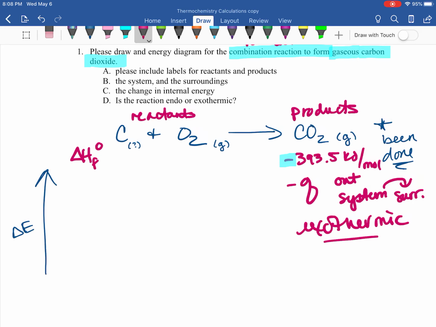That means we're going down in our energy diagram. If we start up here with carbon and oxygen, and we release energy, then we have to go down in internal energy. You just gave that energy away to your surroundings, so that internal energy is now lower.